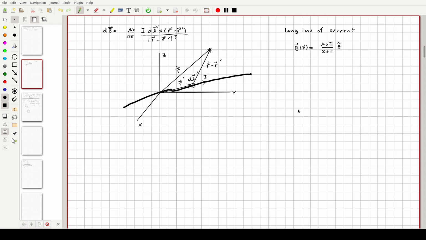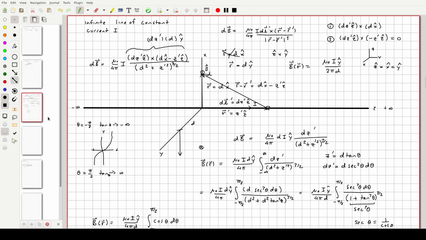Now, theta hat means in the direction from x towards y along a circular arc. So we've seen this before. This is sort of a manifestation of circular polar coordinates or cylindrical polar coordinates as well.